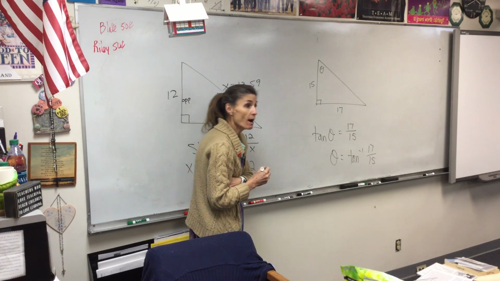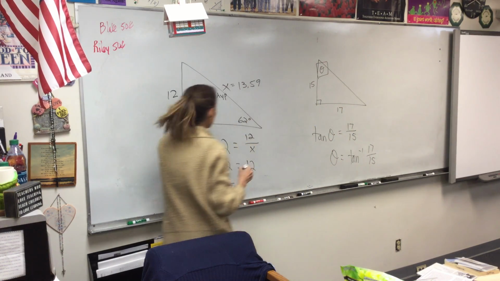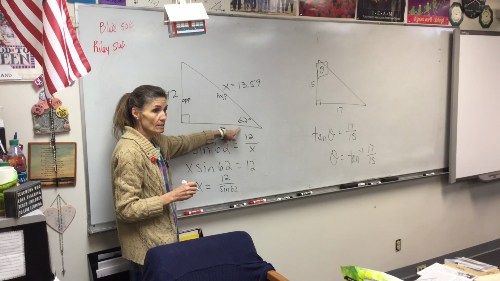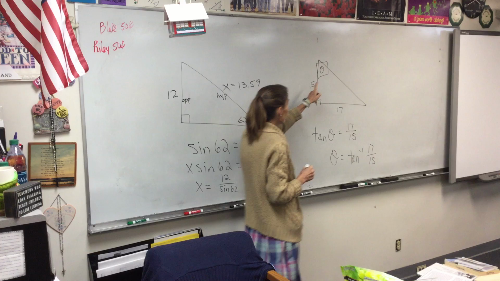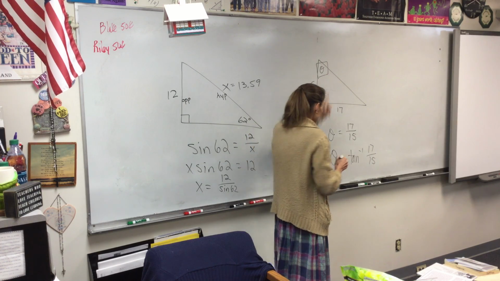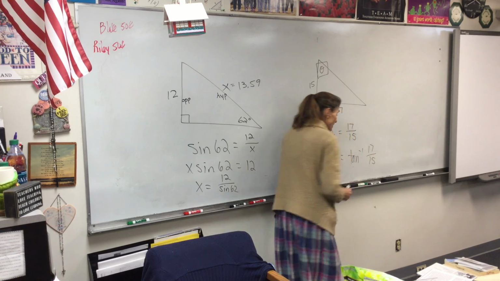So if your job is to find an angle, over here we already had the angle. So over here, we use regular sine. If you are looking for the angle, you use the inverse function. So in this case, tangent.